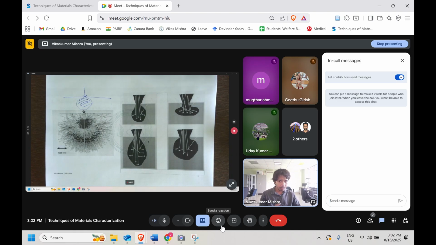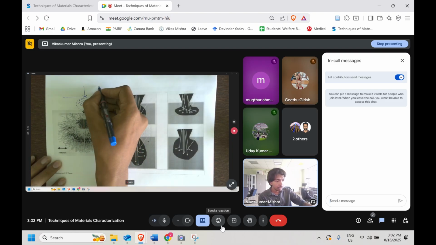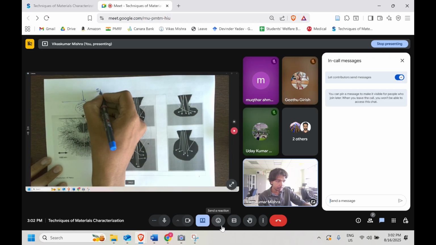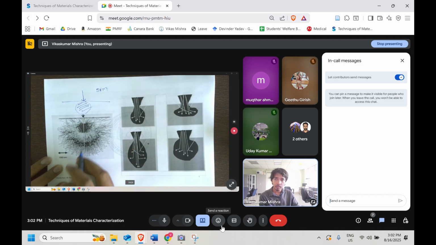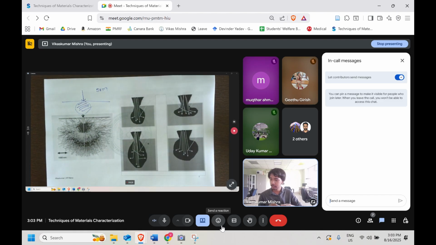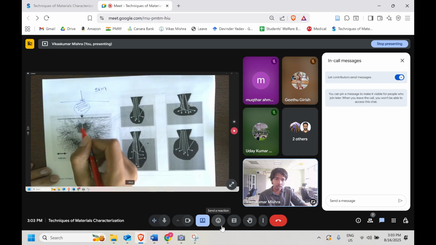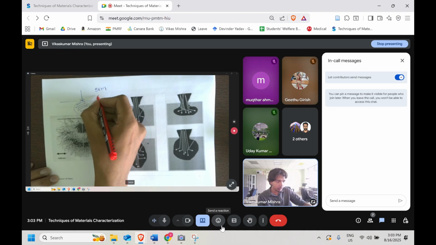One thing to note: Monte Carlo simulation works very well for the SEM, usually for thick specimens.